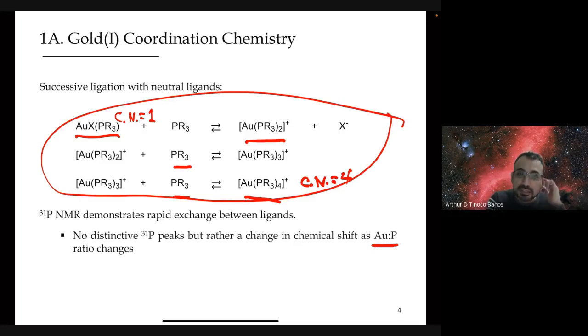Rather, you get broad signals where, as you change the ratio of the gold and the phosphorus, you do see a chemical shift, a shift that goes in the direction of perhaps favoring the higher order gold phosphine ligation.